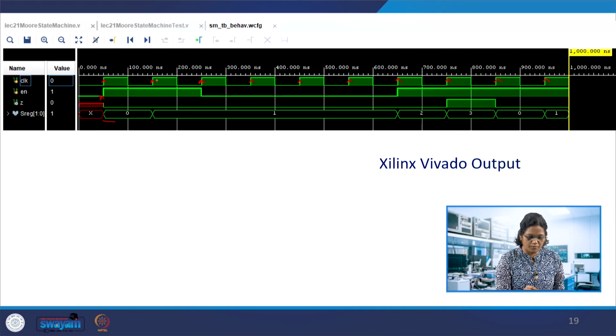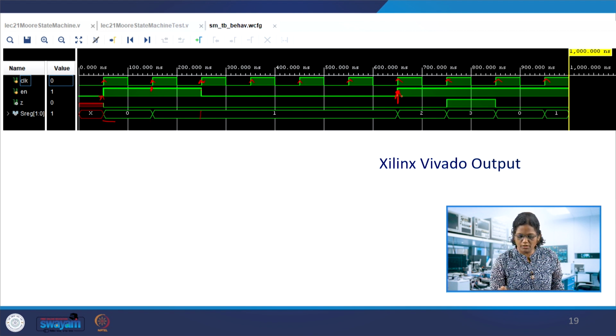Next one, that is 0 0, this is the first state A, and then enable is still 1 over here. So this is going to 1, the next state. Enable is 1 until this point. At this point, enable is made 0, so it stays in that same state for a while until enable becomes 1 again over here.